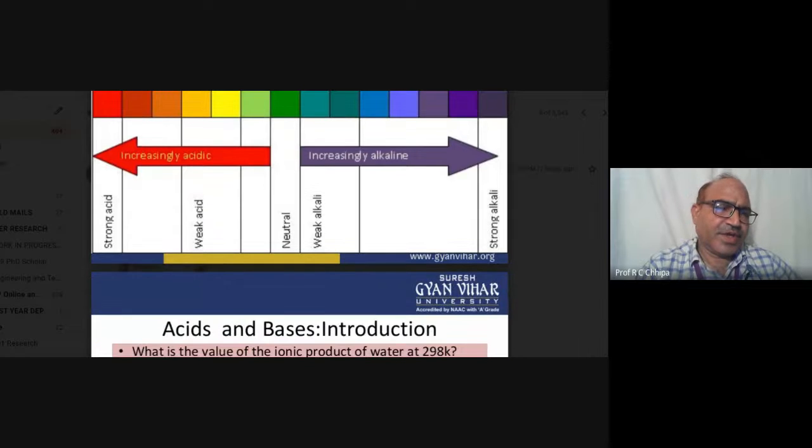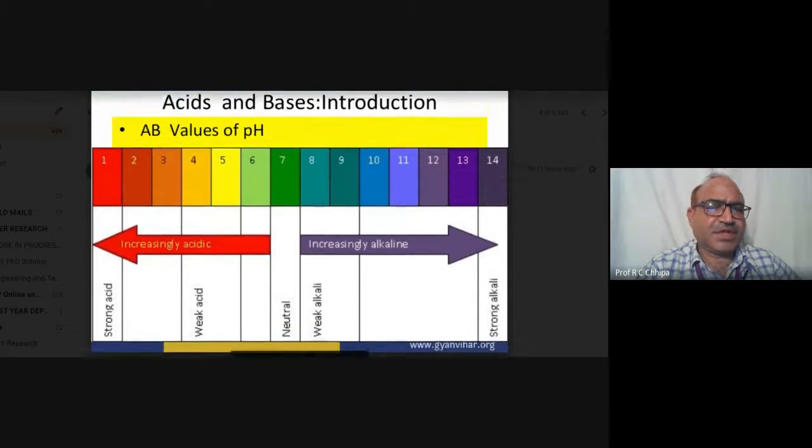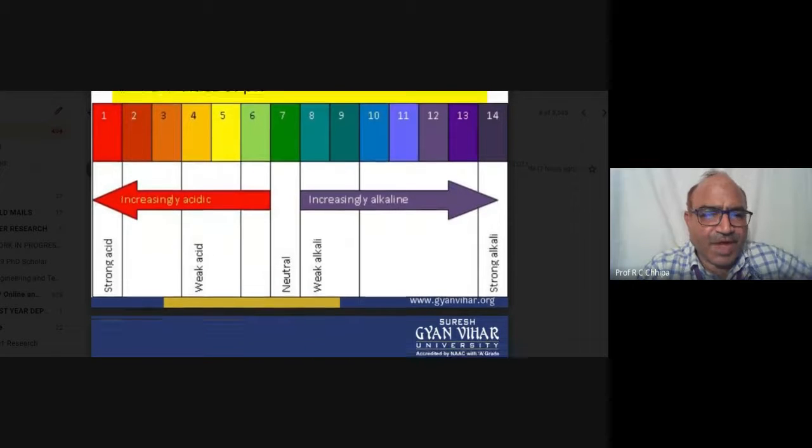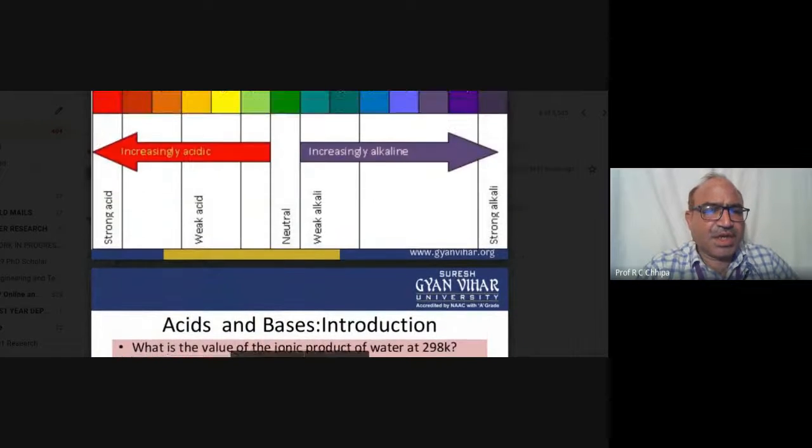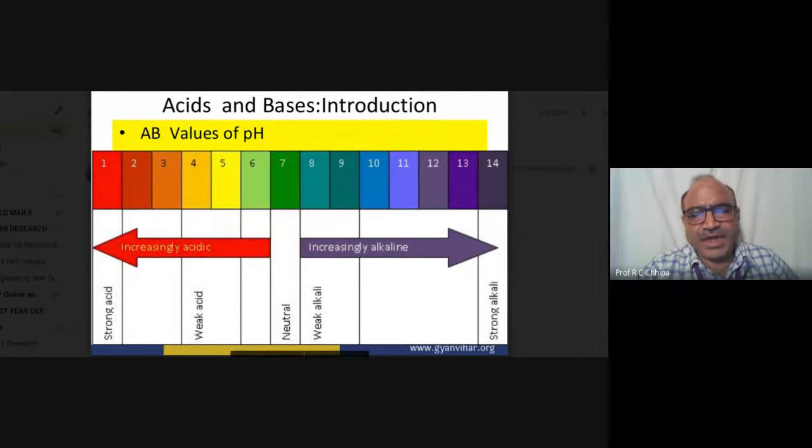Here we can also see sulfuric acid, that is the strong acid, and the weak acid having the range of 4 and 5. For example, acetic acid itself is in the range of about 4 to 5, so acetic acid is weak.